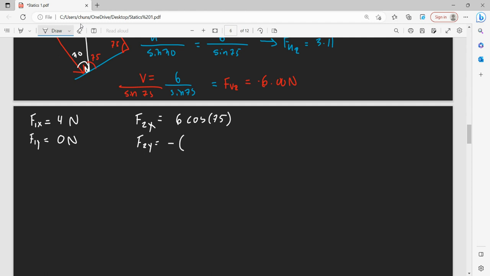And that's our negative y direction. Right? Yes. So that's 6 sine 75. It's equal to 6 cos 15, 1.55 newtons. And this is negative 5.80 newtons.